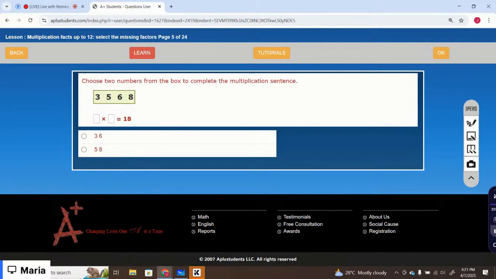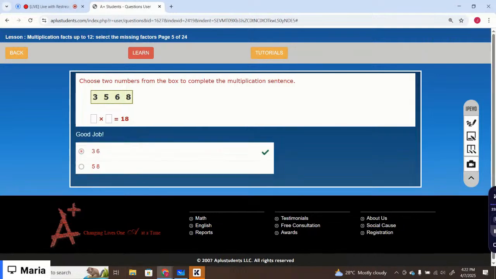Choose two numbers from the box to complete the multiplication sentence. That is 3 times 6 is 18. Option number 1 is the correct option.